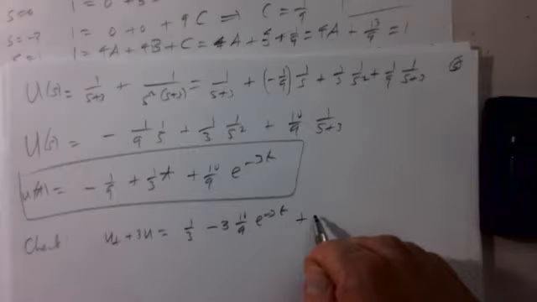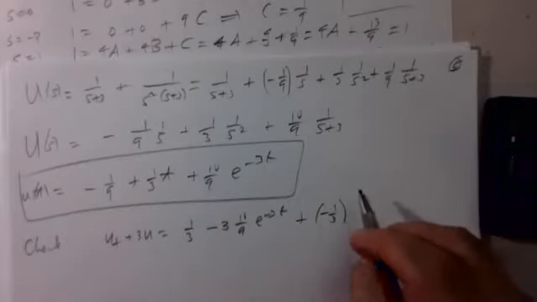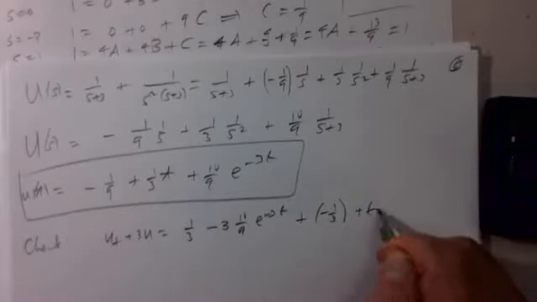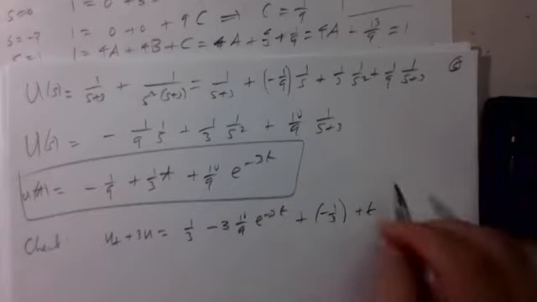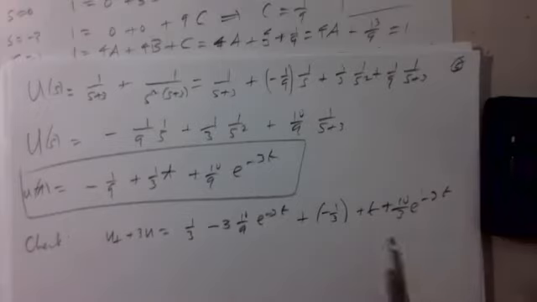So that's 3 times minus 1/9. That's minus 1/3 plus 3 times 1/3 t plus t plus 3 times this, 10/3 e to the minus 3t.